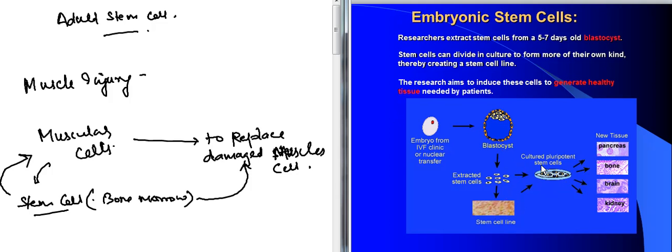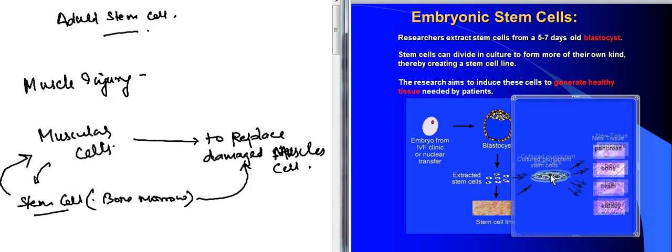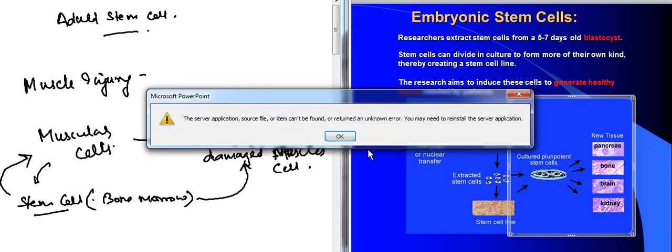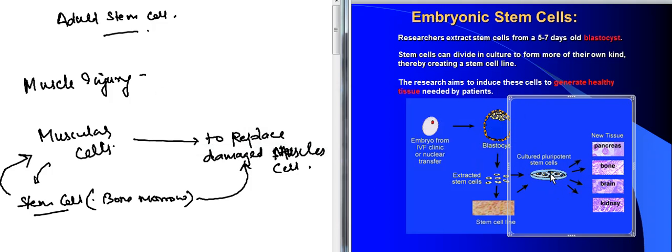Your cells are cultured here, and after culturing we can provide a specific condition, and the cells can proliferate into any one type of cell, like either pancreas, bone, brain or kidney. It's up to the condition we provide to the stem cells.